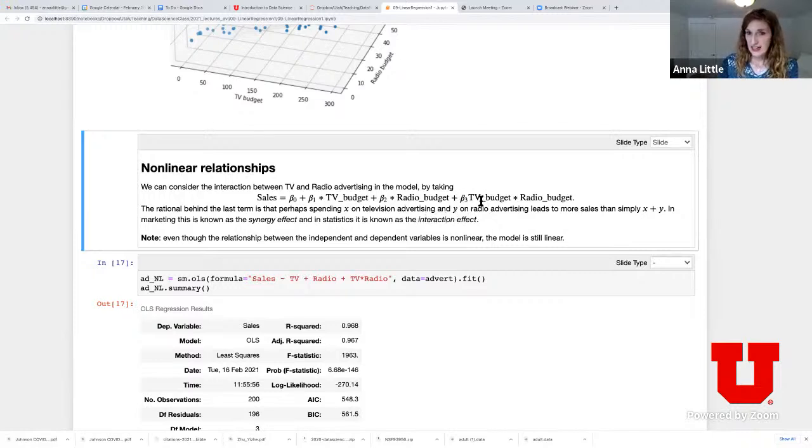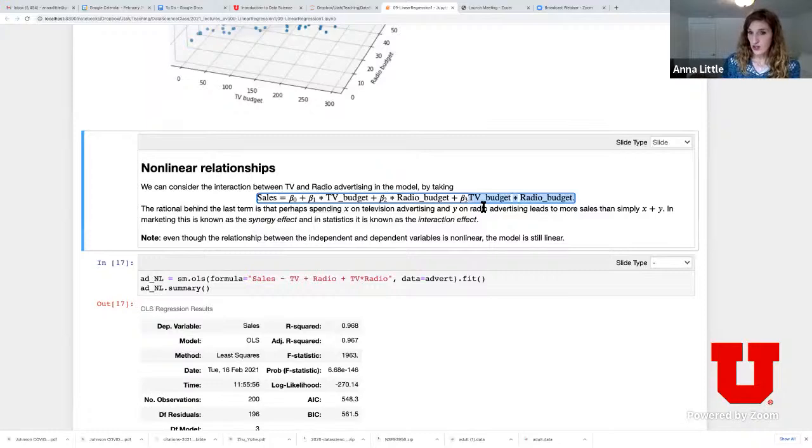But you can see that in terms of the math side of things, this looks just like the model that we did before, except as our third variable, instead of newspaper, we have TV budget times radio budget. So we can just construct this explicitly.